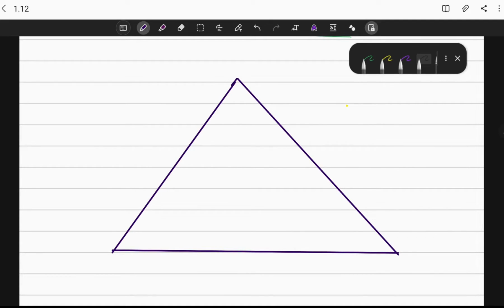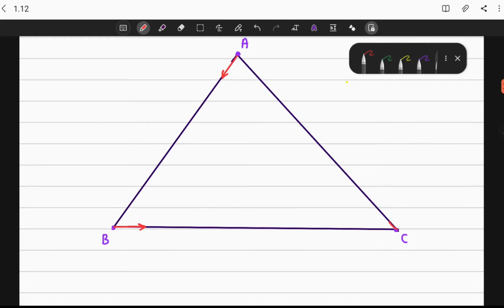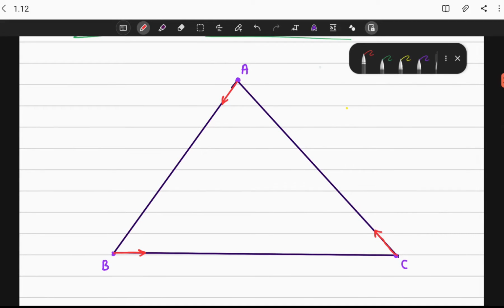This is the equilateral triangle, and let us call this point A, this point B, and this point C. Point A is moving in this direction towards point B, point B is moving towards point C, and point C is moving towards point A. This is the condition at t equal to 0.